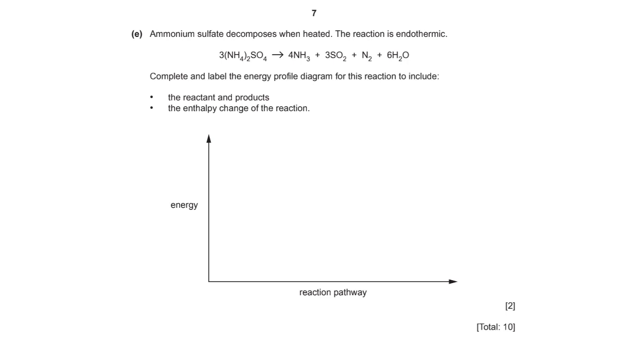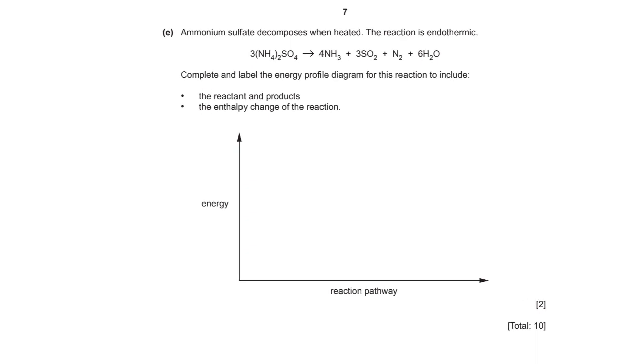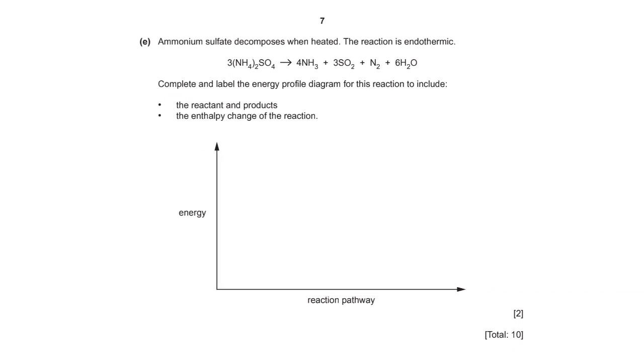Okay, the ammonium sulfate decomposes when heated. The reaction is endothermic. Since it's endothermic, the reactants would have less energy than the products. So the reactants would absorb energy and convert into products. So what are the reactants? Label those.